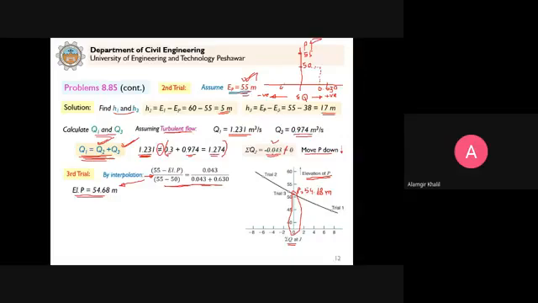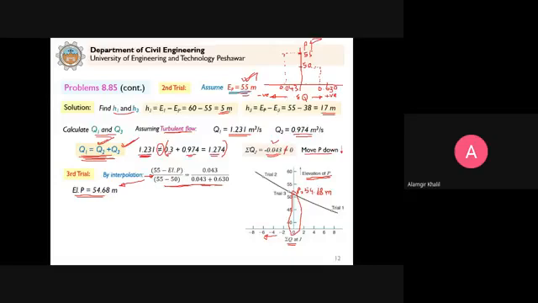We get minus 0.043. So minus, here in the negative zone. Clear? So for this case, we get this value here, and what is this value? 0.043.